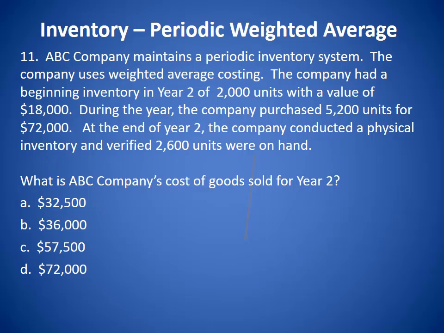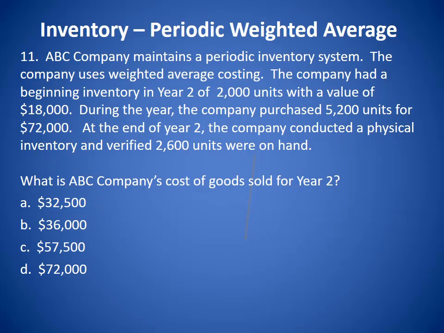In this case, ABC Company maintains a periodic inventory system, and what that means is that cost of goods sold is normally computed when the company takes an inventory using the classic cost of goods sold formula, which is beginning inventory plus purchases minus the ending inventory, and that should equal your cost of goods sold.